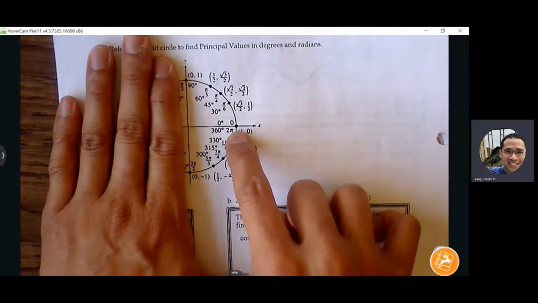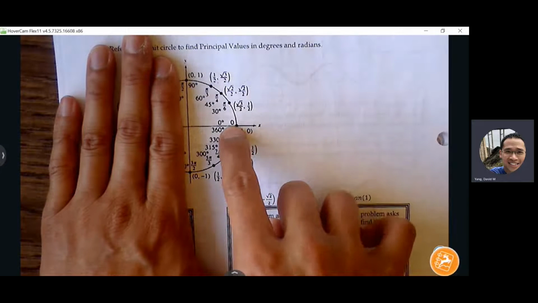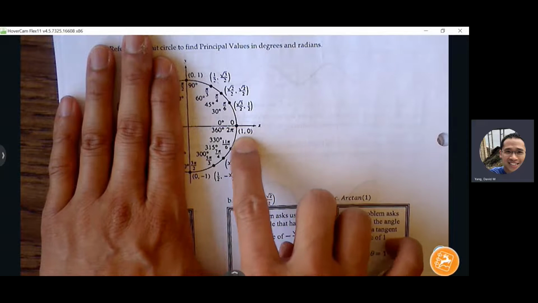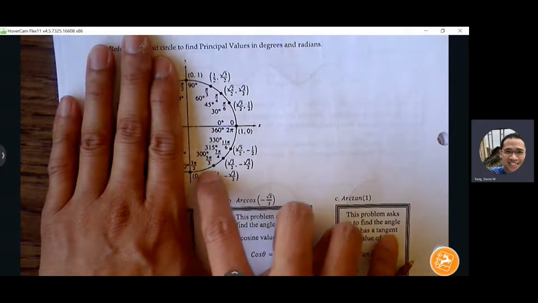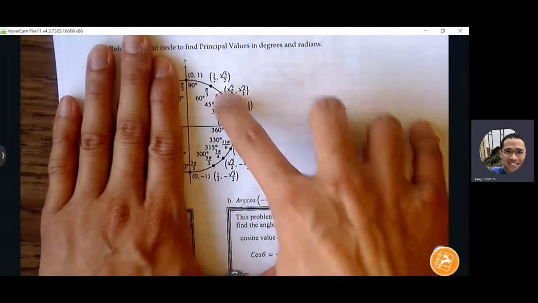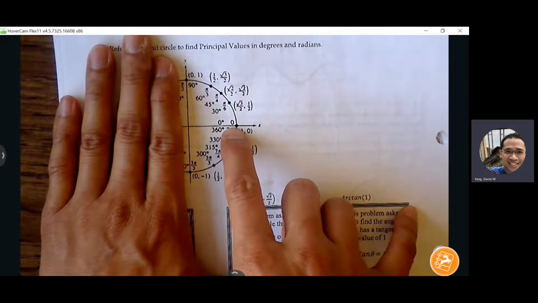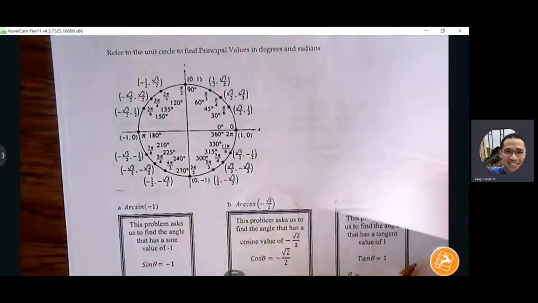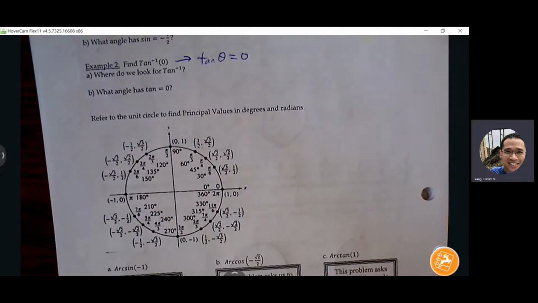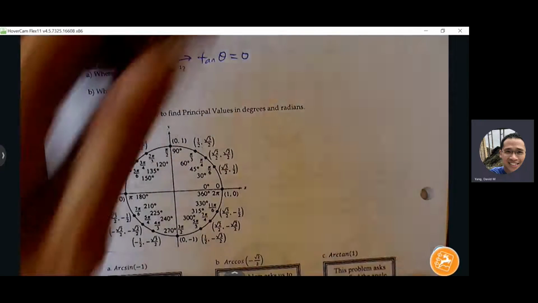We don't say 2 pi, we're going to say 0. Tangent is y over x, 0 over 1. We go through the full spectrum from negative pi over 2 all the way to pi over 2, and it's going to pass 0 along the way. So theta is equal to 0.